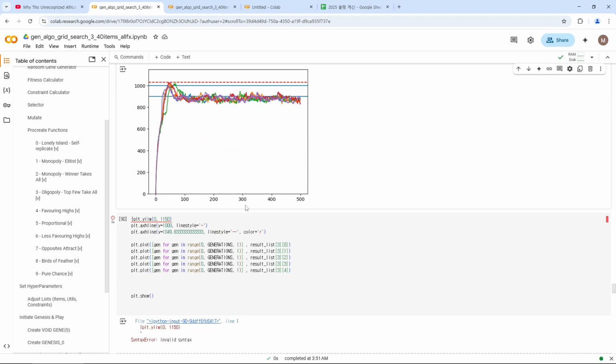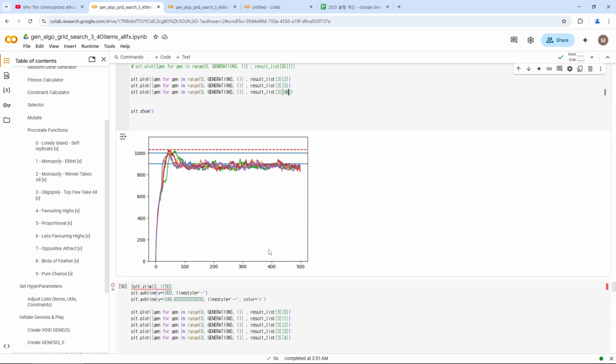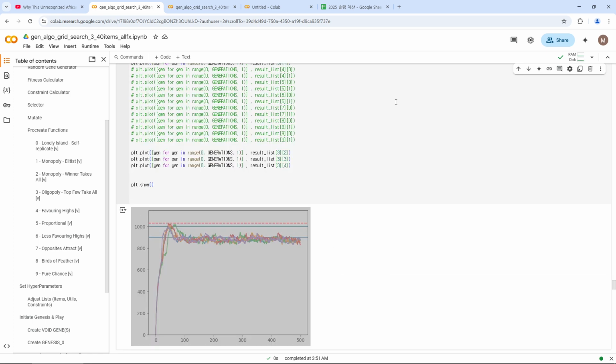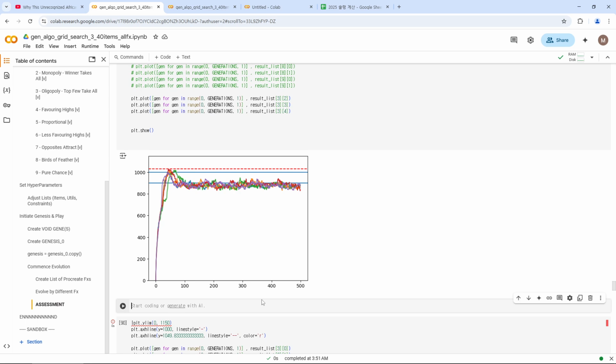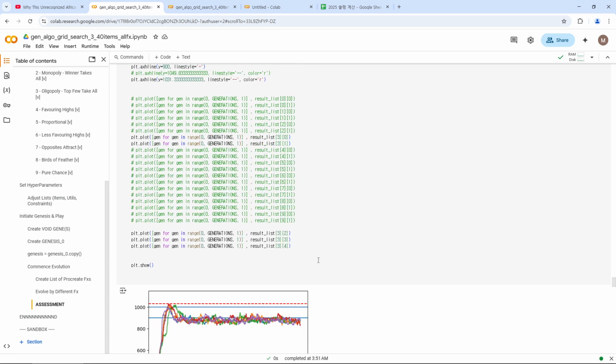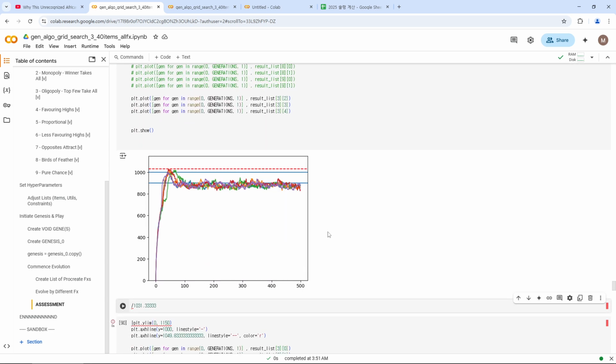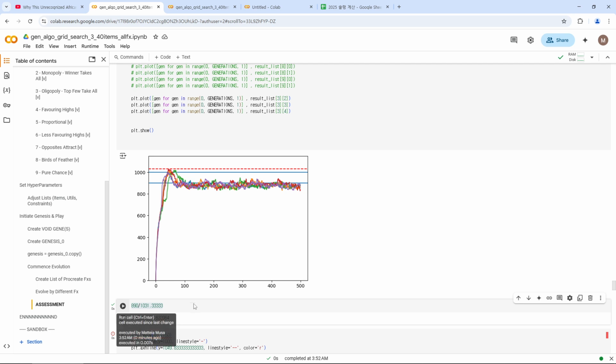So if we do the math, 1031.33 divided by, let's just say, 890. So there's about a 14% loss of information.